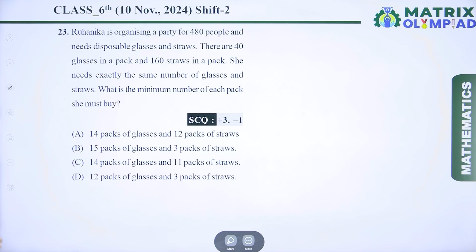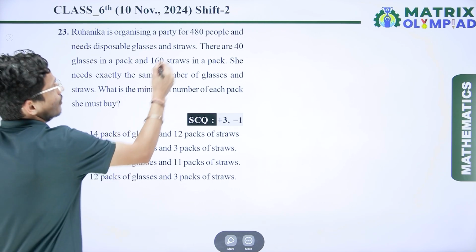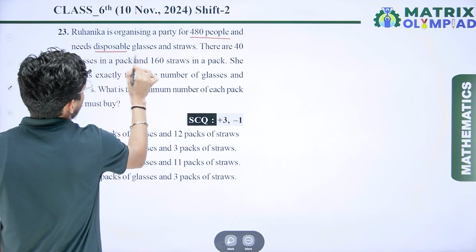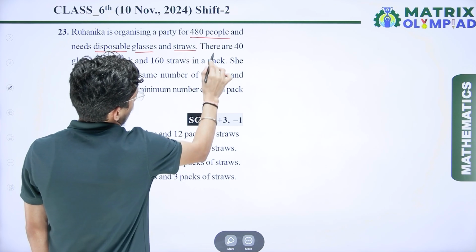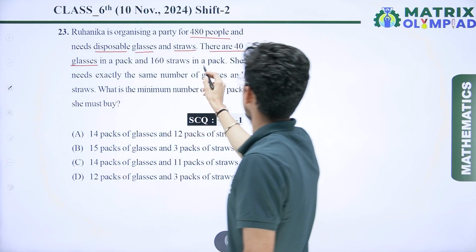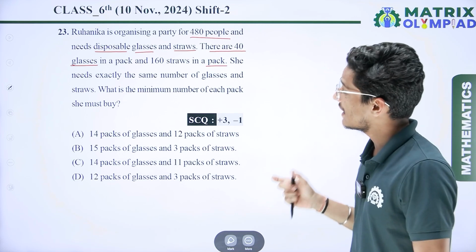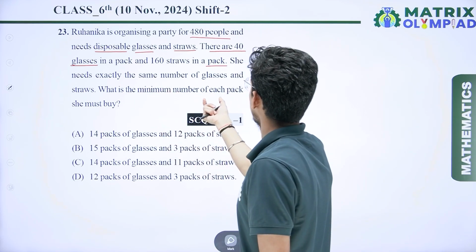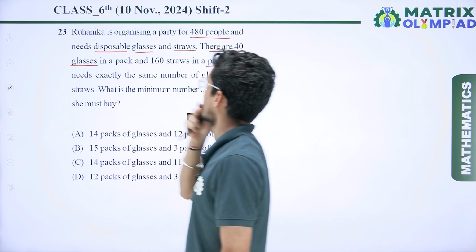So now if I talk about next question, that is Rohanika is organizing a party for 480 people and needs disposable glasses and straws. There are 40 glasses in a pack and 160 straws in a pack. She needs exactly the same number of glasses and straws as people, and what is the minimum number of each pack she must buy?